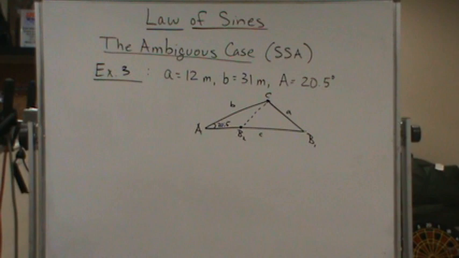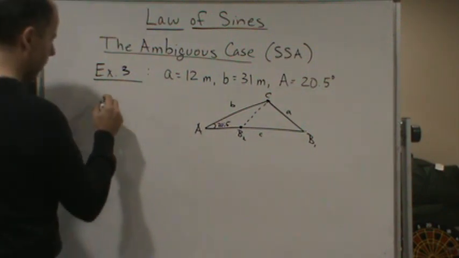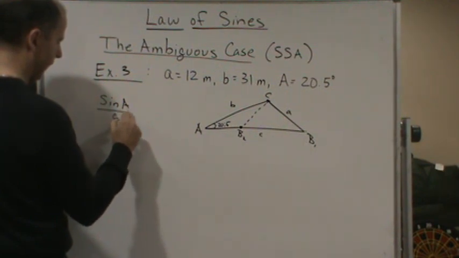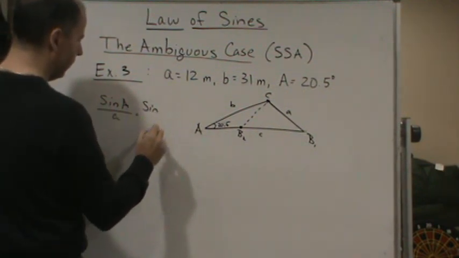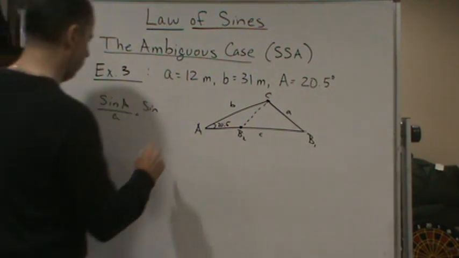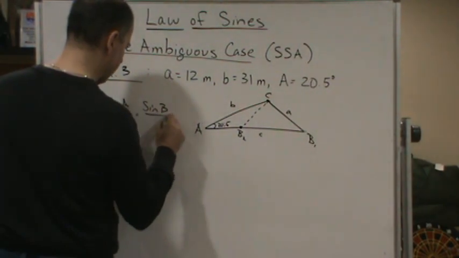So let's do sine A over a equals sine B over b.